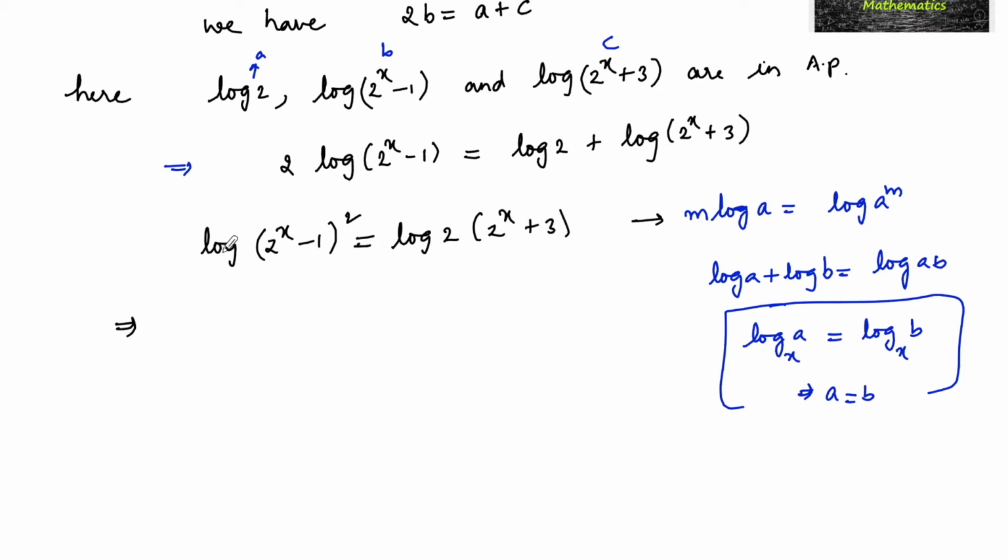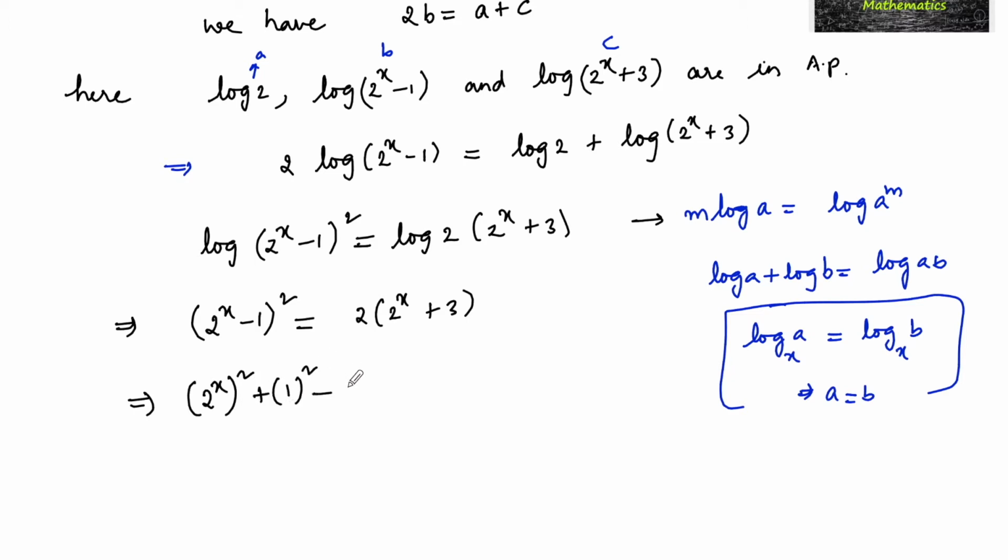So which implies since logarithm with the same base are equal, so we can write 2 power x minus 1 whole square is equal to 2 times of 2 power x plus 3. So that is 2 power x minus 1 whole square, we can write 2 power x whole square plus 1 square minus 2 into 2 power x into 1 is equal to 2 into 2 power x plus 2 into 3, which is 6.